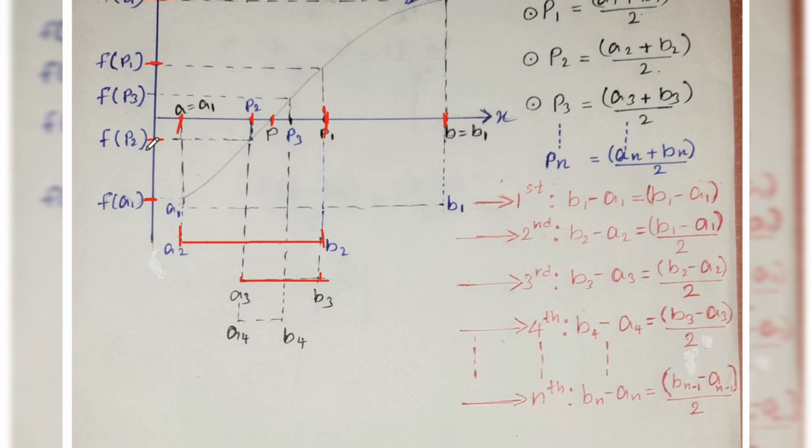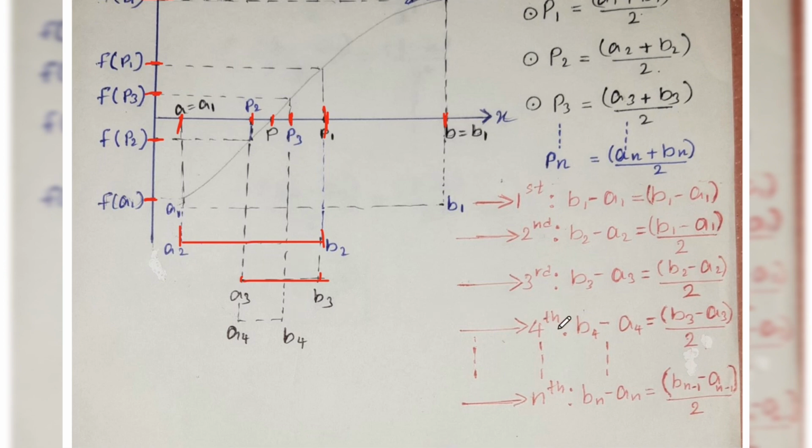Next we have to find the midpoint between a3 and b3. It is p3. Also we have to check the sign of f(p3). It is a positive sign. Therefore we can say that our root is between p2 and p3, because f(p2) has a negative sign and f(p3) has a positive sign. So our new interval is p2 and p3, and I have taken p2 equal to a4 and p3 equal to b4.